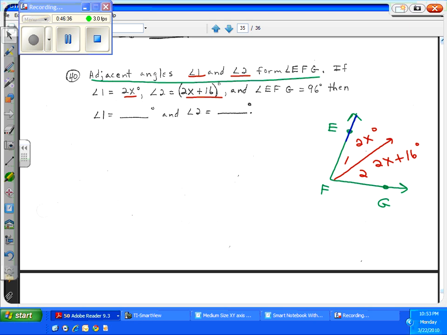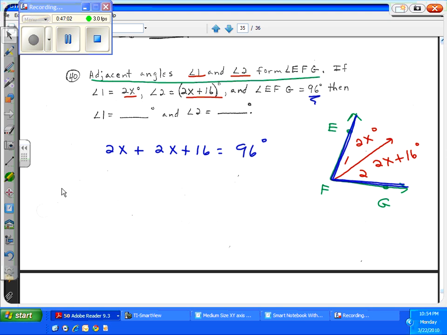Now, by angle addition, we know that the sum of angle 1 and 2 is equal to angle EFG. So we can say that angle 1, which is 2x degrees, plus angle 2, which is 2x plus 16 degrees, is equal to the whole big angle, angle EFG, which is 96 degrees.